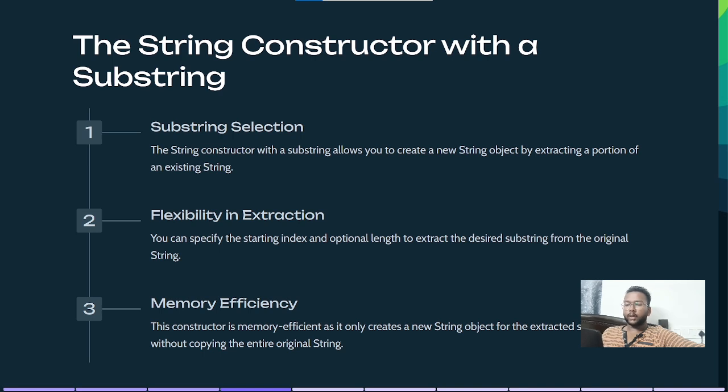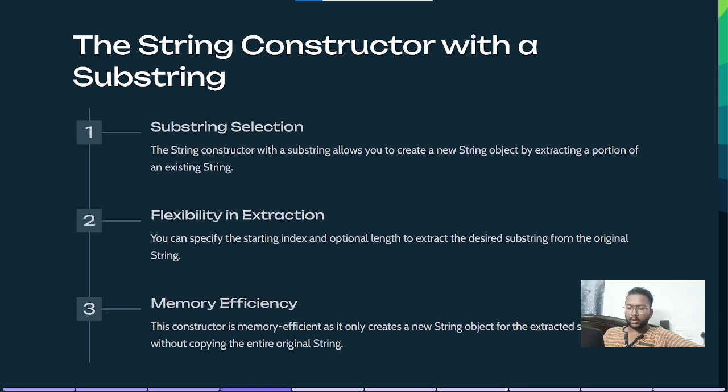So, coming to the string constructor with a substring. Substring selection: the string constructor with a substring allows you to create new string objects by extracting a portion of an existing string.